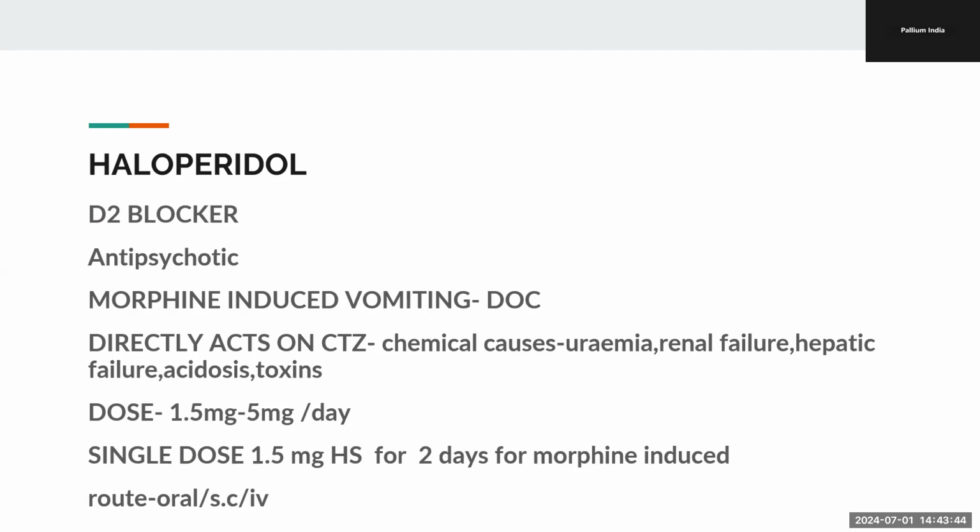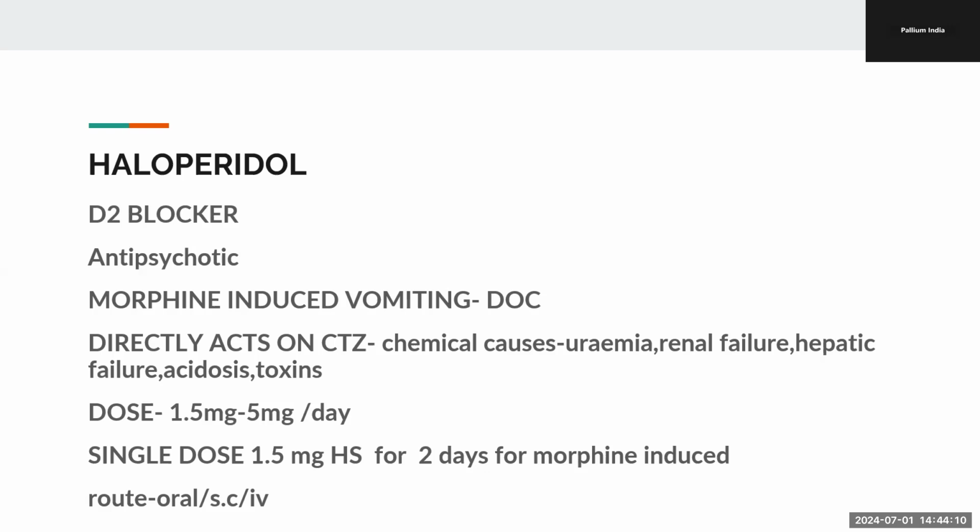You can give either metoclopramide or haloperidol, because haloperidol has the property to directly act on the CTZ. See, chemical causes, we have already told so many times: uremia, renal failure, hepatic failure, acidosis. When these problems are causing vomiting, you can give haloperidol.